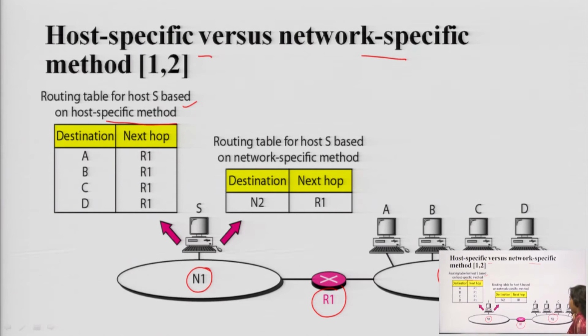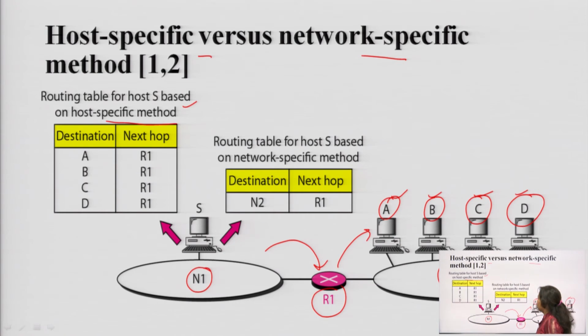At the receiver side there are 4 different nodes, that is A, B, C and D. So, the next hop will be R1 for all the cases. If I want to reach A, B, C or D, then the next hop will be R1. So, this is fixed. After R1 I can reach any one of the points, A, B, C or D.